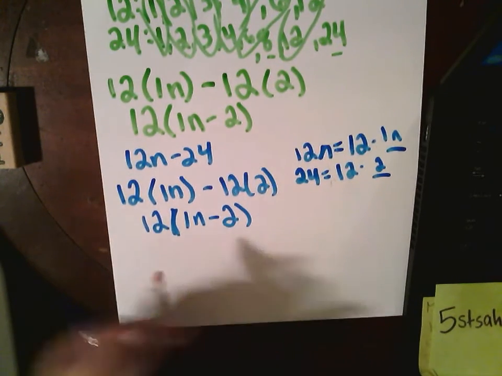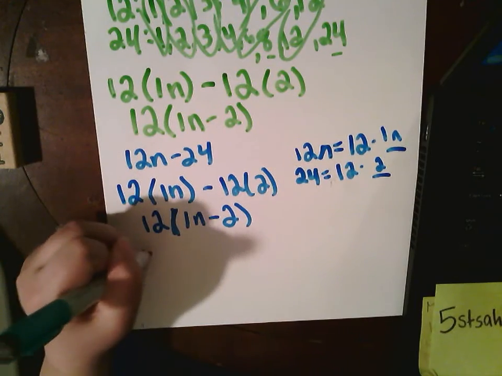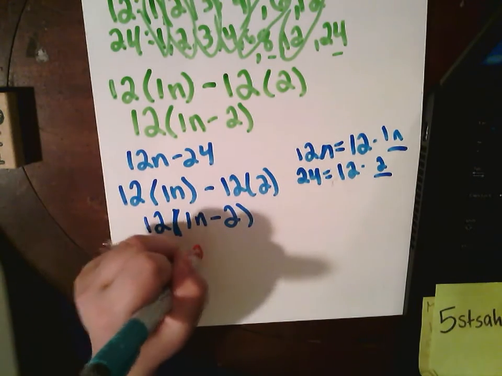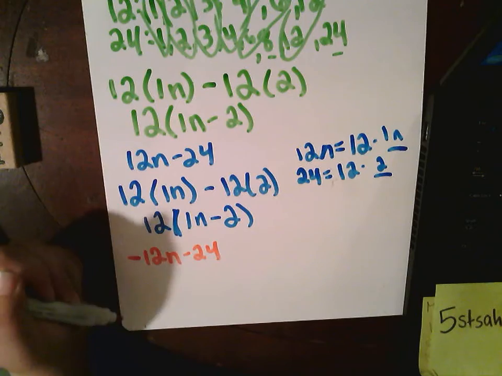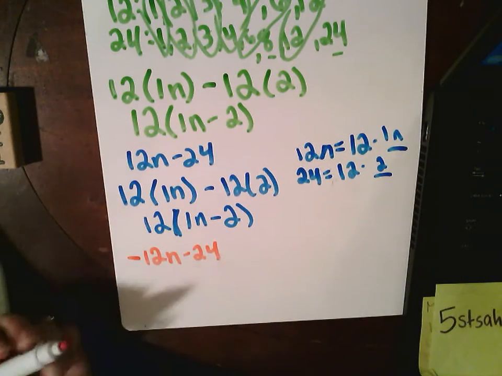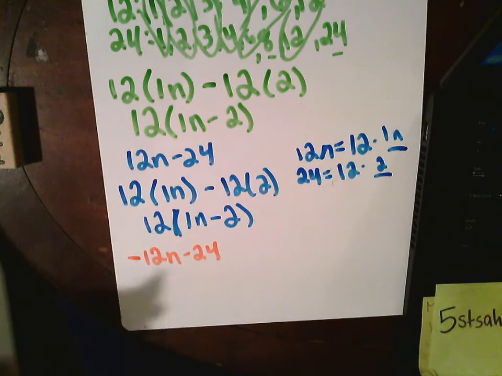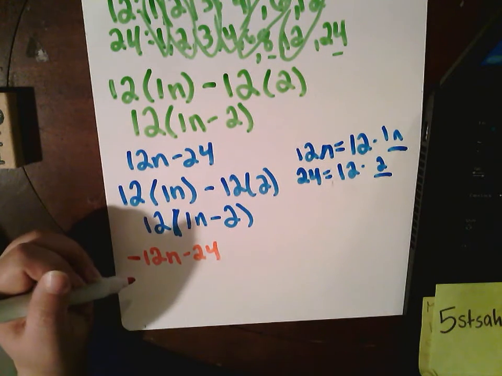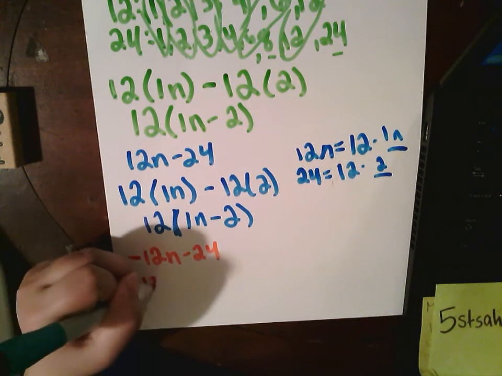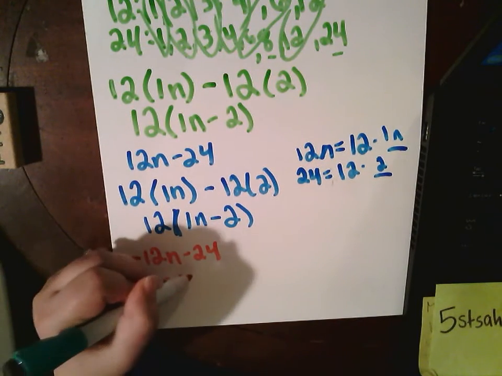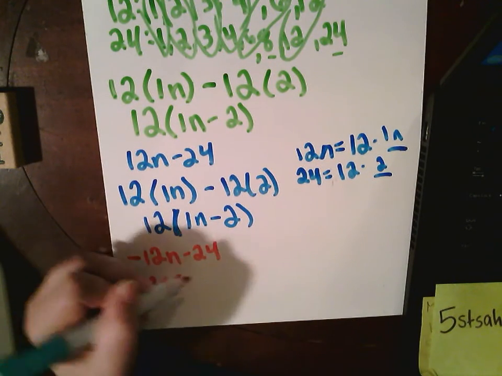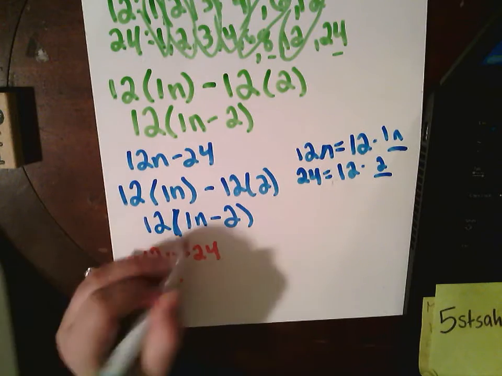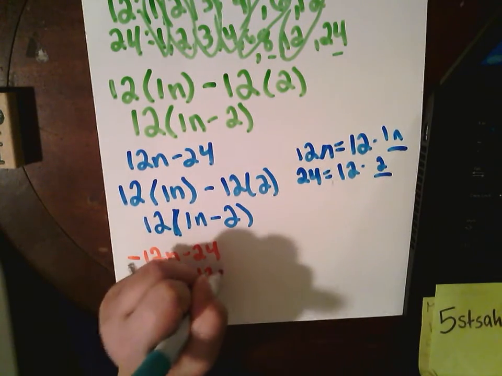Alright, last way I'm going to use a negative number, but I'm just changing it to a negative 12n minus 24, so that way I have that negative number. It's still the same kind of generic problem, but let's see how this affects it. So, if we think negative 12n equals negative 12 times what?